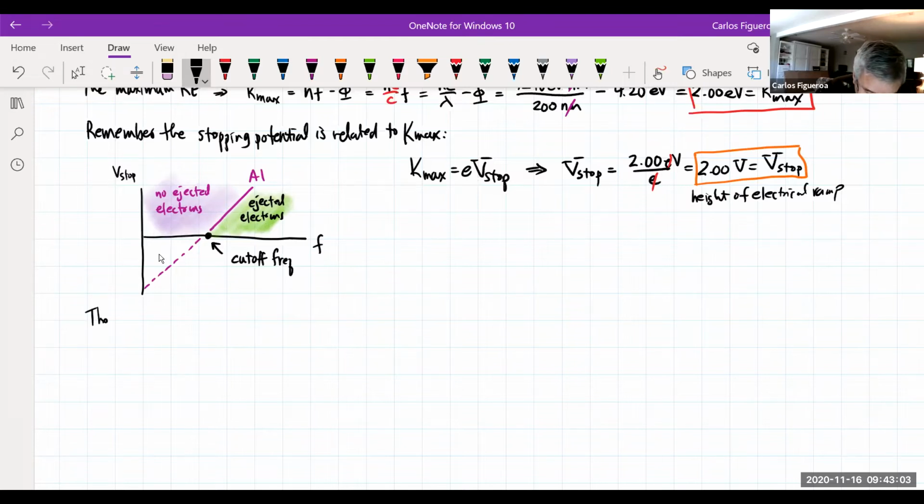The cutoff frequency is when K is equal to 0. So if that's the case here, then K, which is 0, has to be this thing right here, where now this has to be the cutoff.